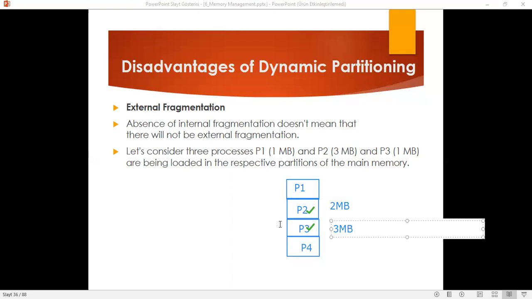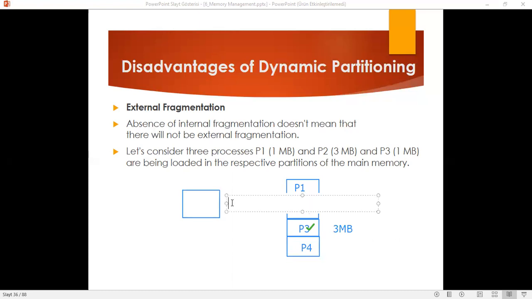In the memory. But let's say I have one process with 4 megabytes. Let's say this one is process 5.